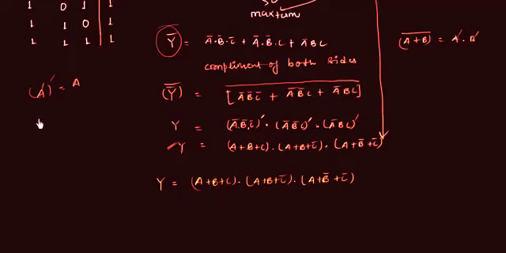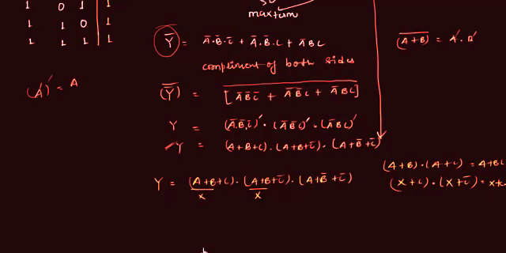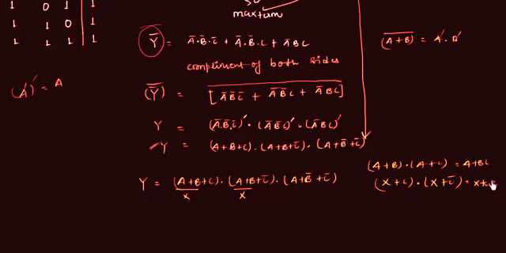In the first 2 terms you can see we have A or B as common, and from the distributive law, if you remember, if we have A or B and A or C, we write it as A or B, C. So let's consider A or B as X. So we have X or C, and we have X or C complement. So it can be written as X or C and C complement.